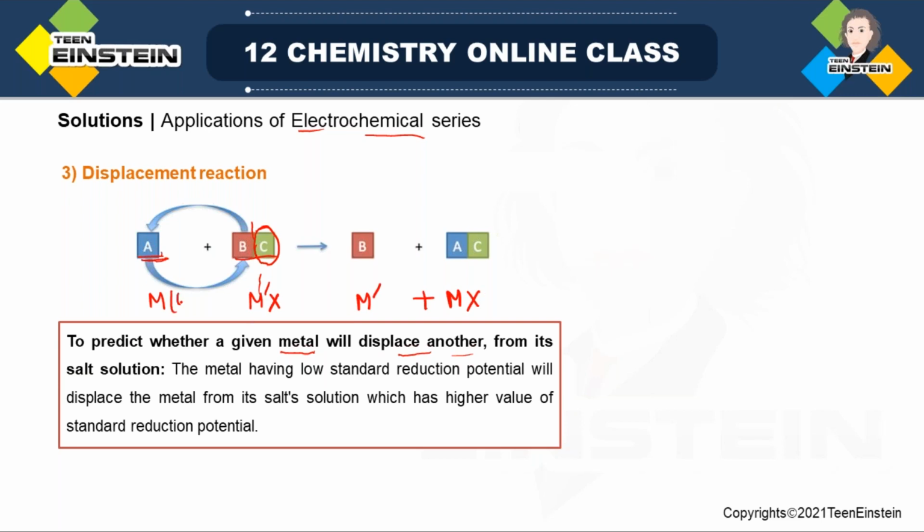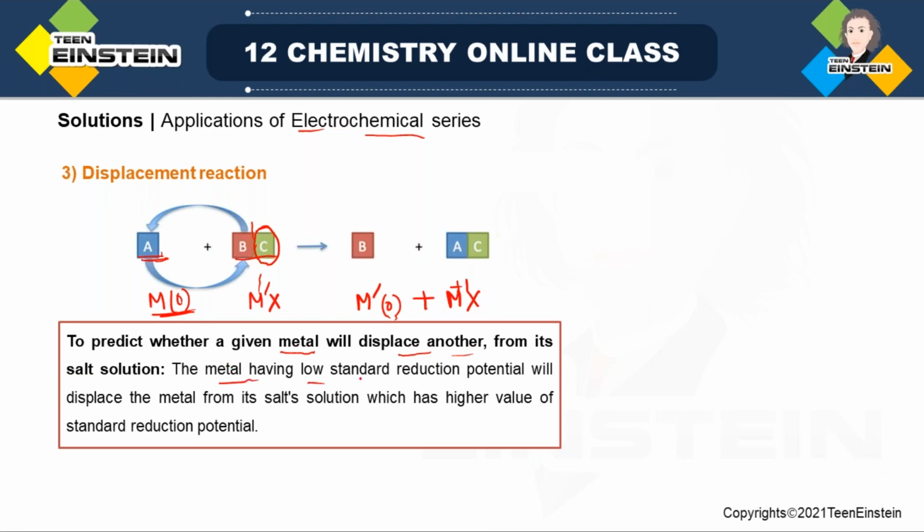Here M is in the zero oxidation state, but M prime is in the +1 state. After the reaction, M prime is reduced from +1 to 0, and M is oxidized from 0 to +1. So whether this type of oxidation reduction, that is redox reaction, will take place or not, we can predict with the help of the electrochemical series.